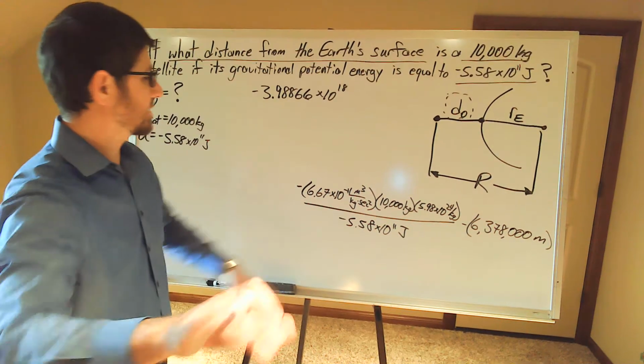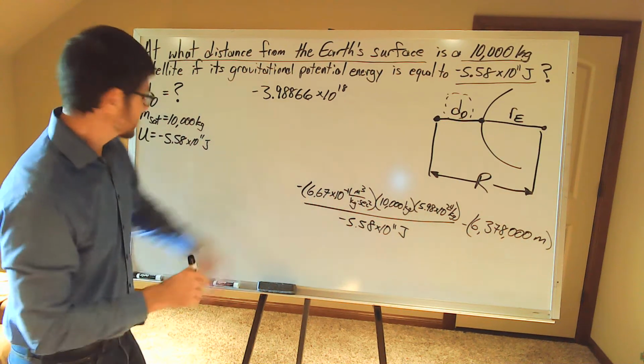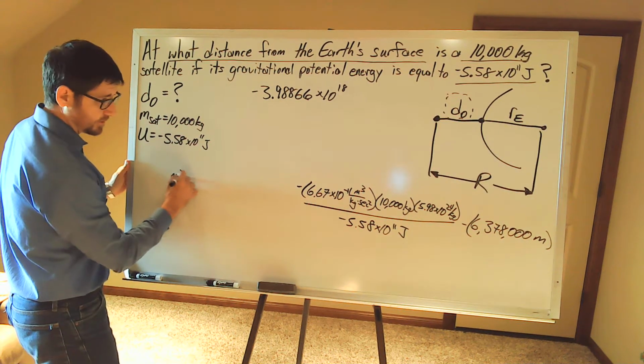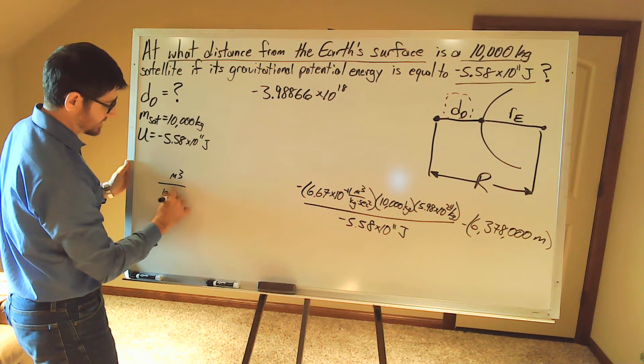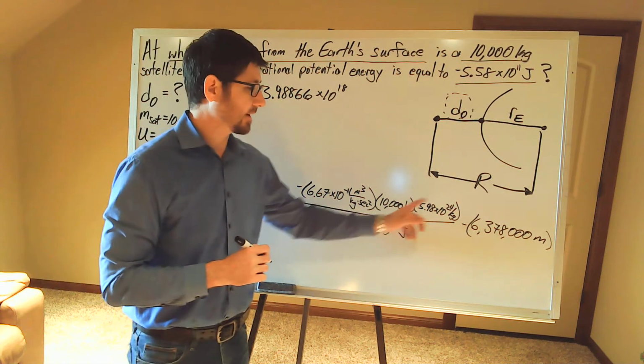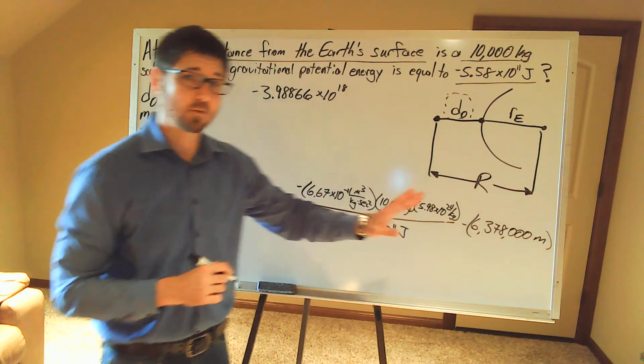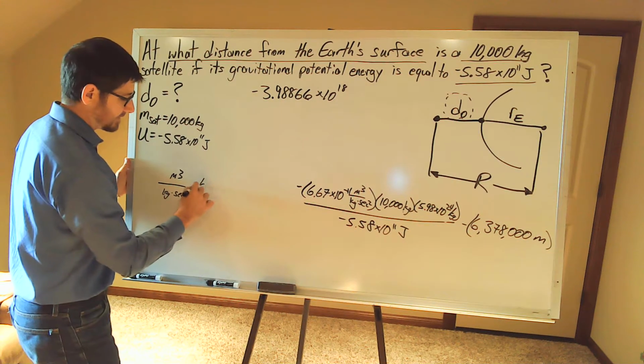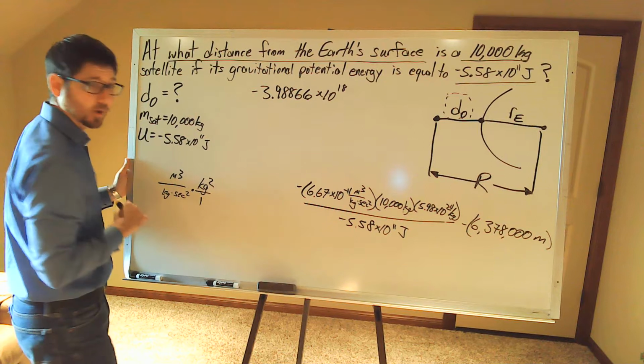But now let's take a look at our units. So I have meter cubed per kilogram second squared times a kilogram times a kilogram, so that's kilograms squared. And we can also write that as kilograms squared over 1.